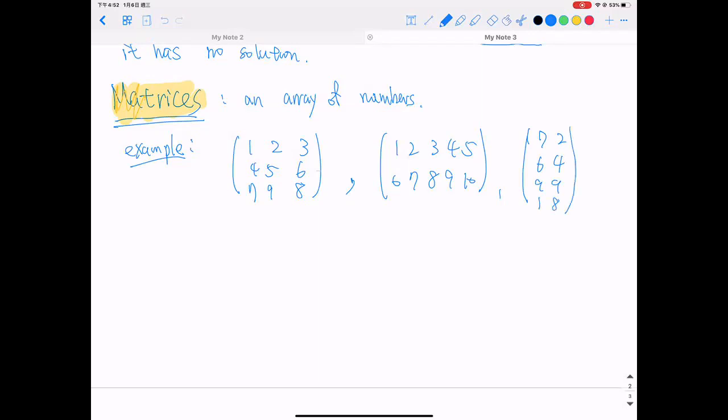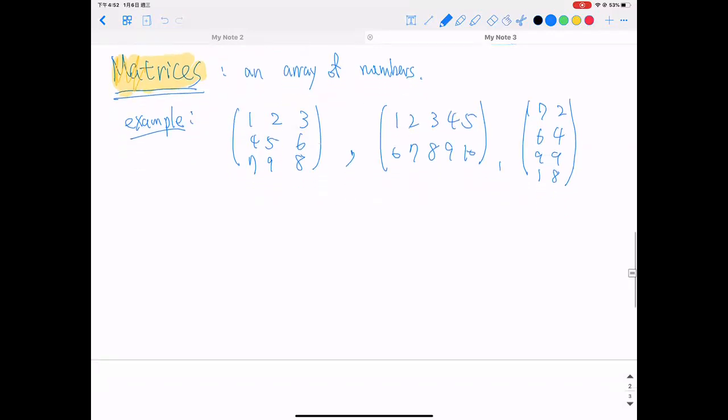Now again, as you can see here, it's a collection of numbers arranged in some way. So we should first of all mention some specific things about this arrangement. Let's see.